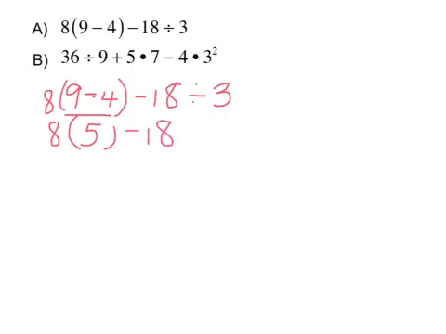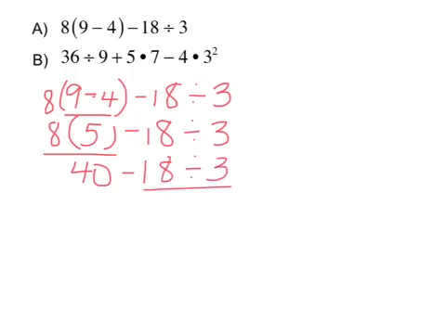I'm leaving the parentheses altogether. Now those parentheses are not grouping something. Those parentheses are actually there to show a multiplication problem. So that's what I do next, which would be 40. Again, I'm just going to rewrite everything. Then comes our division. And lastly is our subtraction.